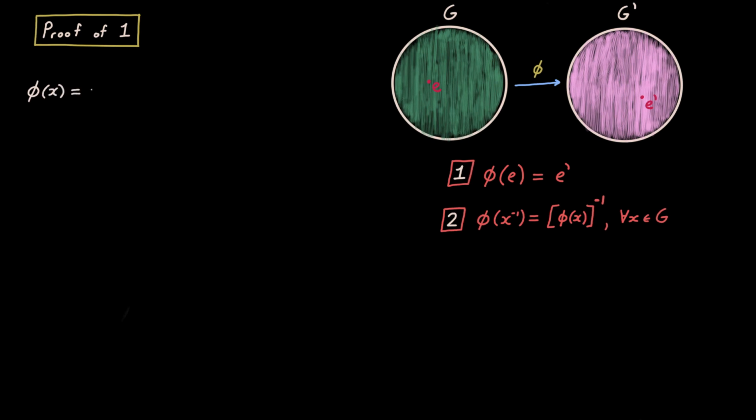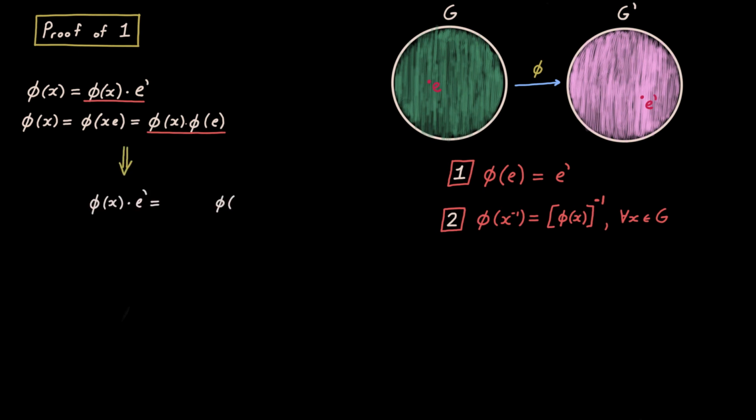Phi of x, where x is any arbitrary element in G, can always be written as phi of x times the identity element of G prime. Now I can also rewrite phi of x as phi of x e, and using group homomorphism properties, that is phi x times phi e. By the way, I'm using dots as my binary operation here instead of a star, but I do that without loss of generality.